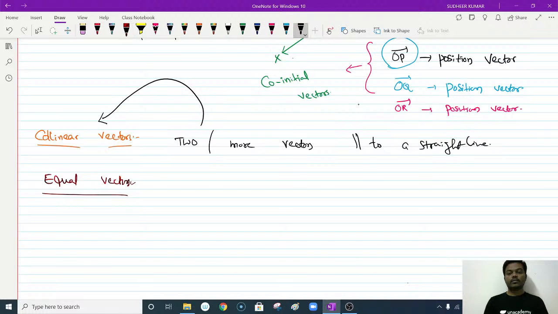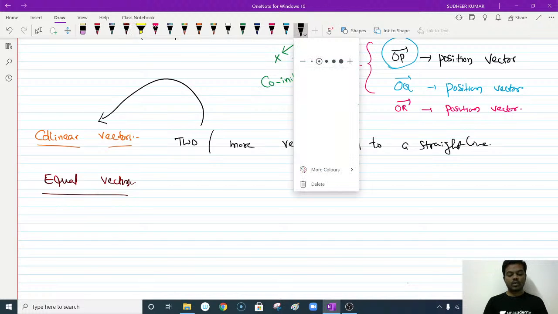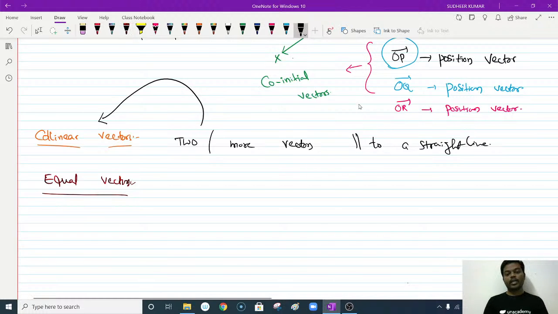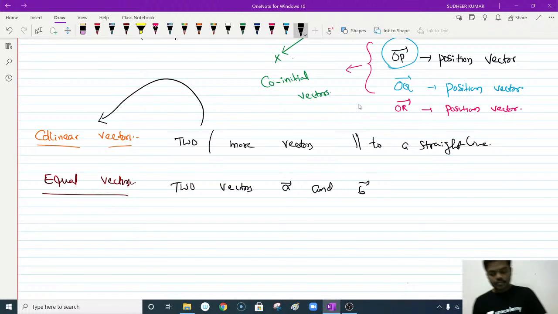Here, take two vectors, vector a bar and vector b bar.